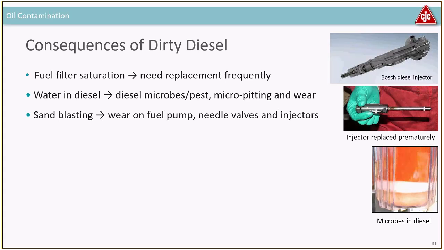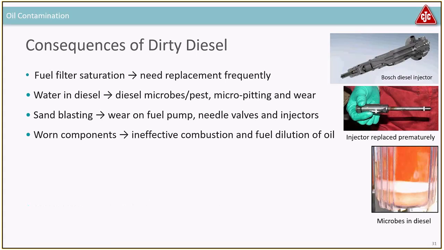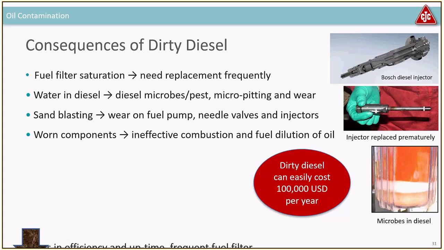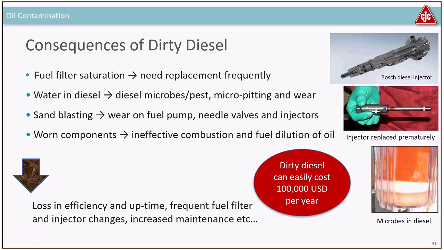You'll also have sandblasting of your fuel pumps and injectors and so on, the more dirt you have in the fuel, and ineffective combustion, and so you'll be using more fuel. So dirty fuel can easily cost a lot of money. Now, if you look at a vessel, or a mine site where they're using a lot of engines or gensets, very quickly you can spend $100,000 on new injectors, new pumps, and so on yearly.